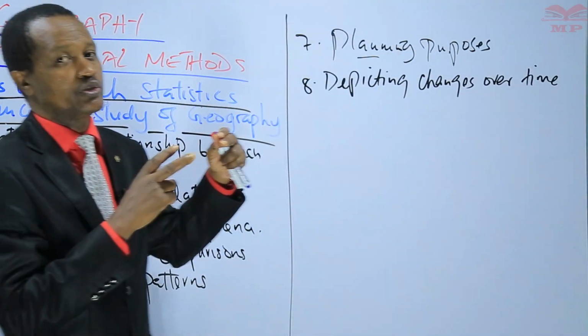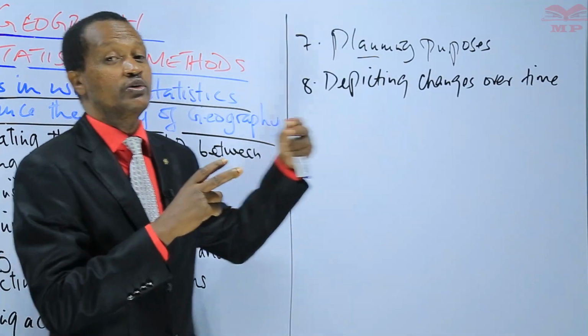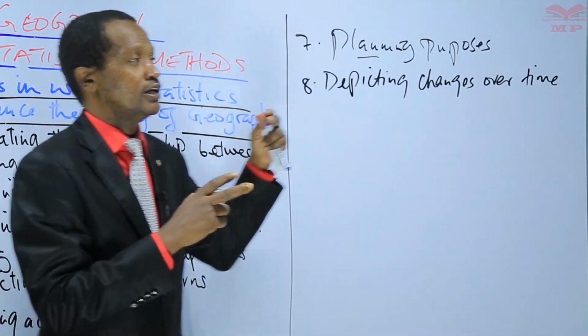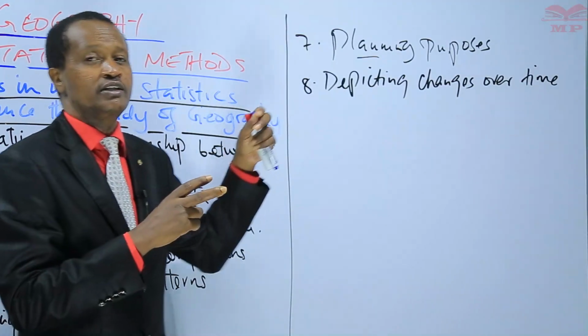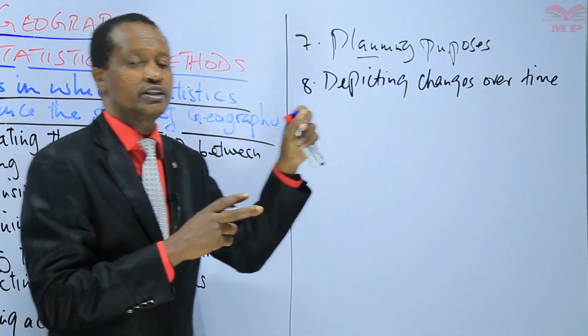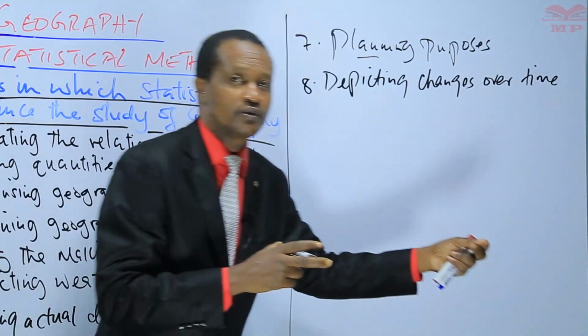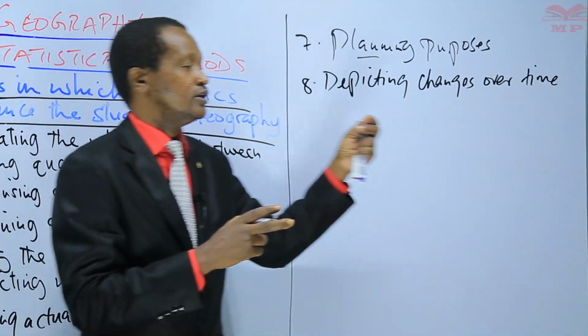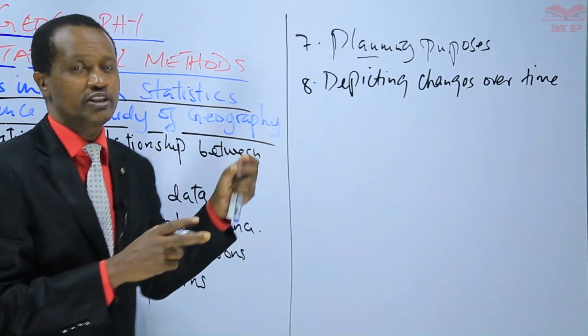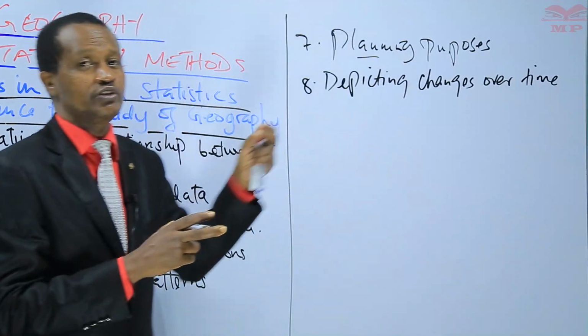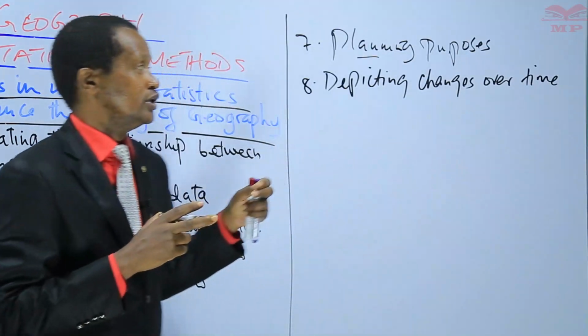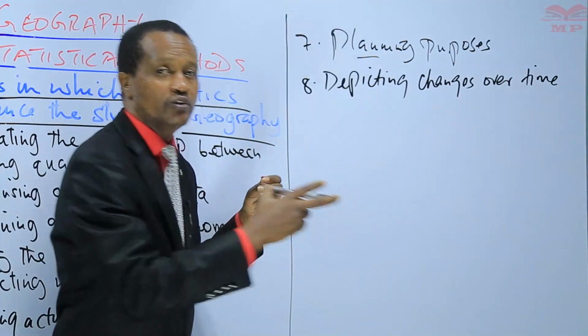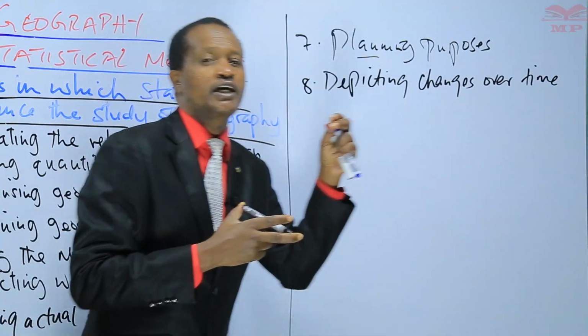Statistics can help to show the changes over the 20 or 30 years because every year there are statistics for the exports. It can also be imports. Say the number of commodities that are imported in a country over a period of time. You can know the changes of the imports over time.